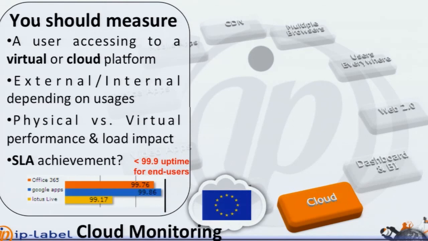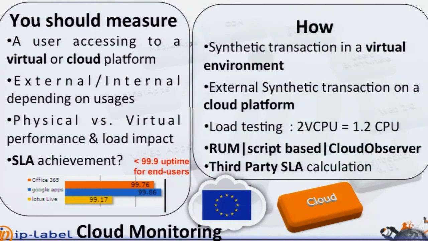So SLA is a key part with cloud vendors. Another key part is that you can put robots to test this environment with synthetic tests, but real user experience with a script base is today the only way to get an exhaustive view for clouds, because you cannot put an appliance or analyze the logs when the platform is not in your control.